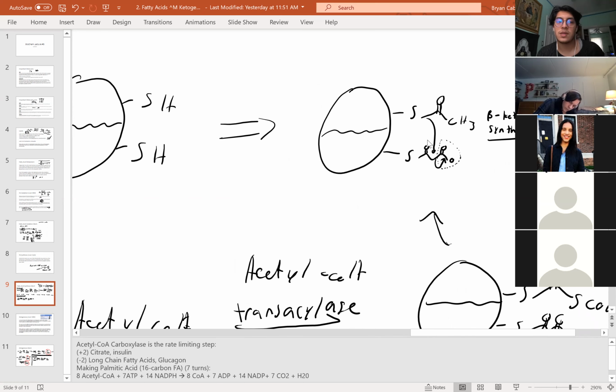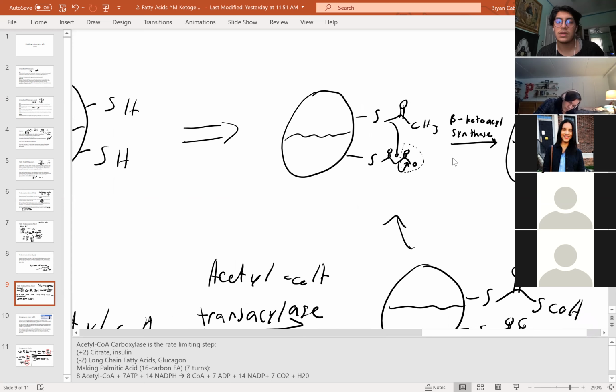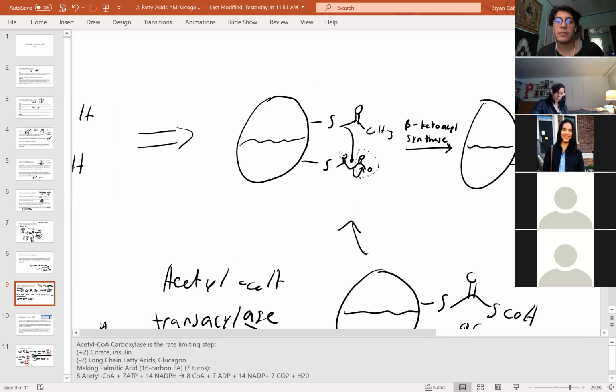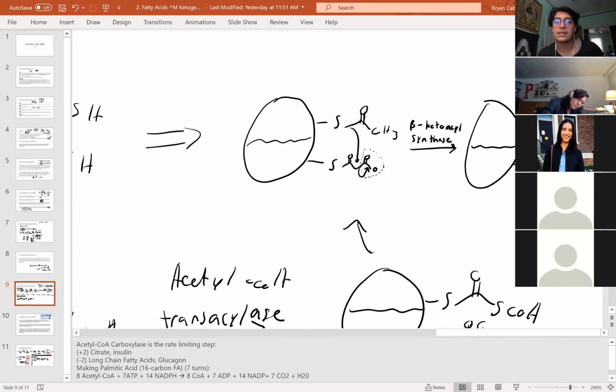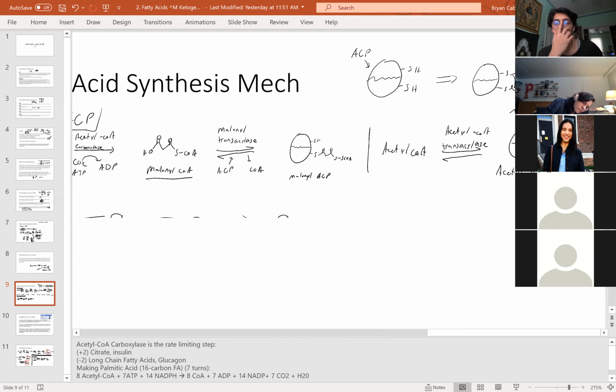After decarboxylation produces a good nucleophile, it attacks over here. You keep extending the chain, reducing this carbonyl group until it's flat. So you just have that hydrocarbon chain, and that's how you produce your fatty acids from acetyl-CoA.